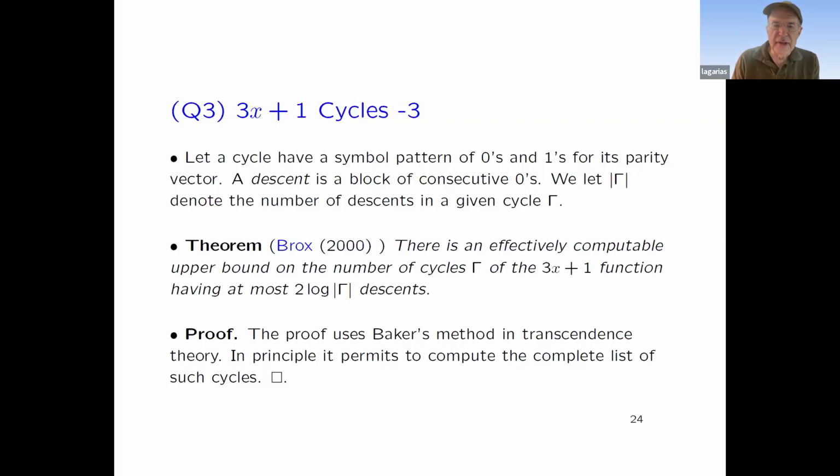So in particular, for the original cycle, if you have the case where there's all 1, 1, 1, 1, 1, and then a single descent, and the 1, 1, 1, 1, 1 actually hits a power of 2 at the last step, then you have only one descent, and that was done earlier by Baker's method. Next slide.